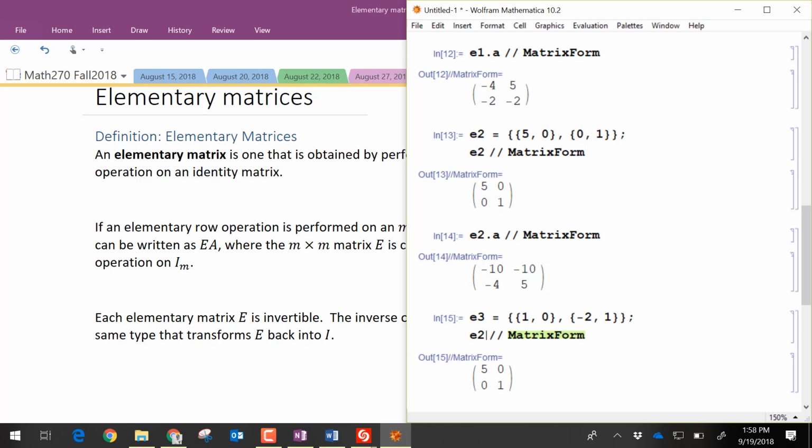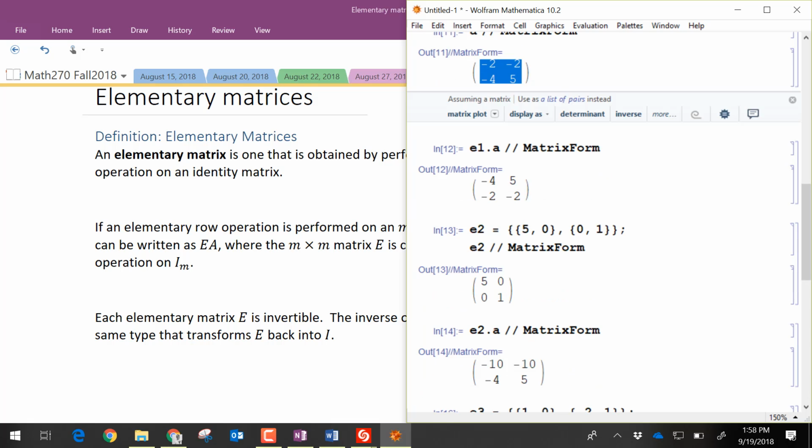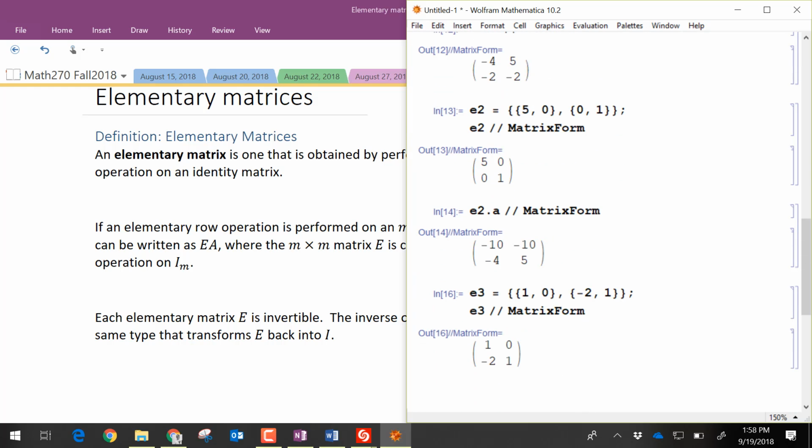So I take the identity matrix and multiply the first row by -2 and add it to the second row, and this is what I get. Now let's see what happens if we multiply the matrix A. This is the matrix A again. What happens if we multiply the first row by -2 and add it to the second row? We should get a 0 down here, right? So let's see if that's going to happen.